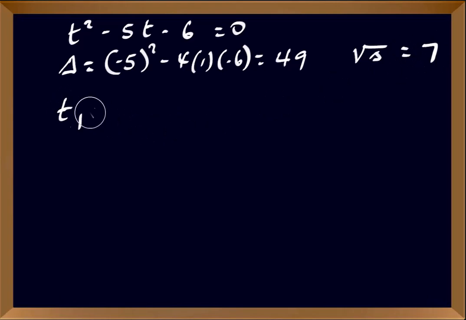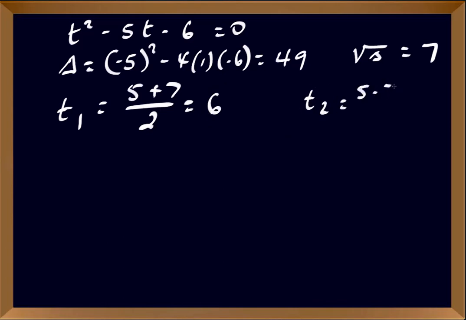So t1 is equal to 5 plus 7 divided by 2 times 1, we get 6. And t2 is equal to 5 minus 7 over 2, which is equal to minus 1.